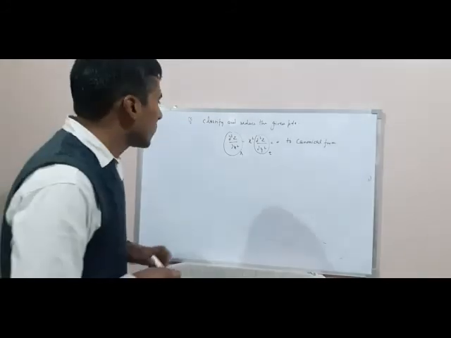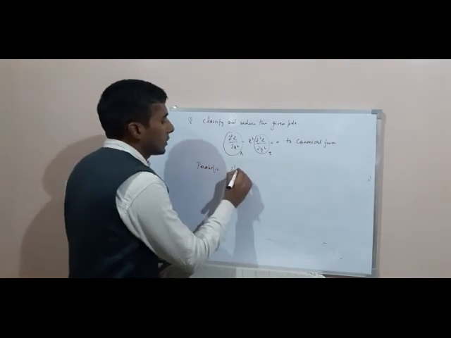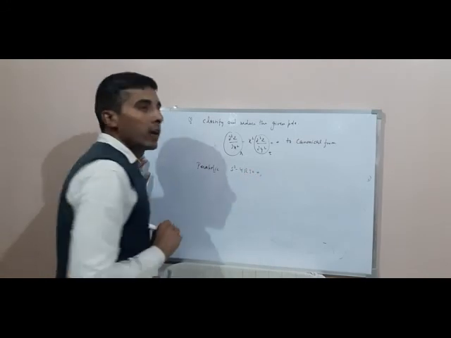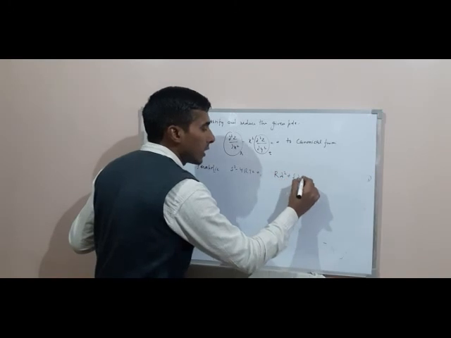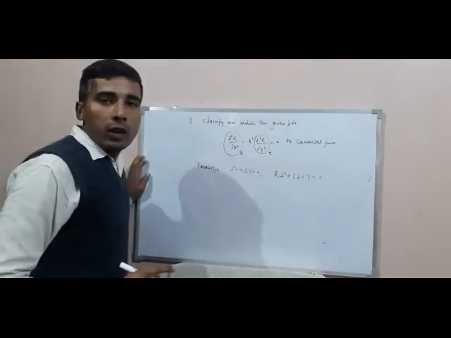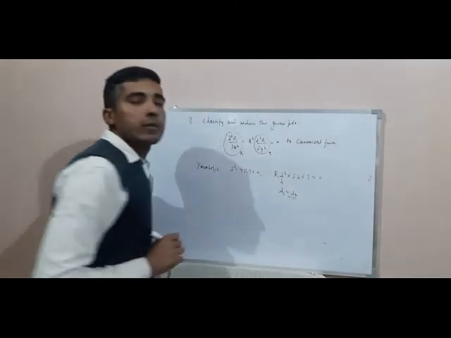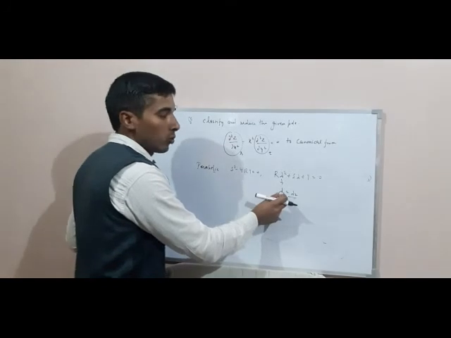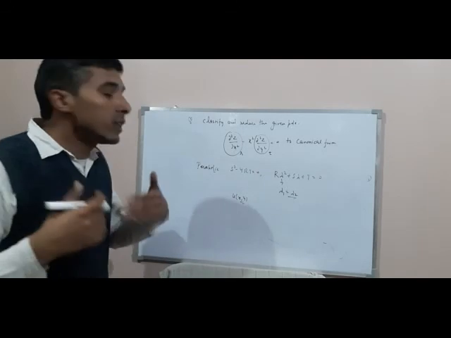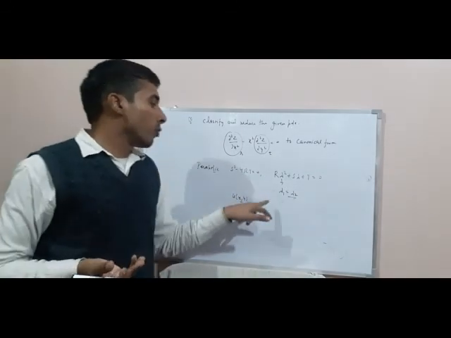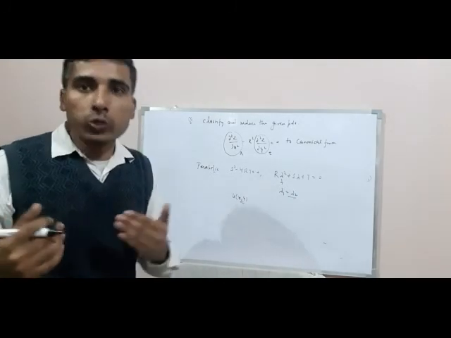So if the given equation is parabolic, then what will happen? That means s square minus 4rt equal to 0. And I have already told you that in such a situation r lambda square plus s lambda plus t equal to 0 has two roots and both of them are equal. So using this root we can find a value of u. How will you determine the value of v? Because both the values lambda 1 and lambda 2 are equal. In such a case we have to choose a v.